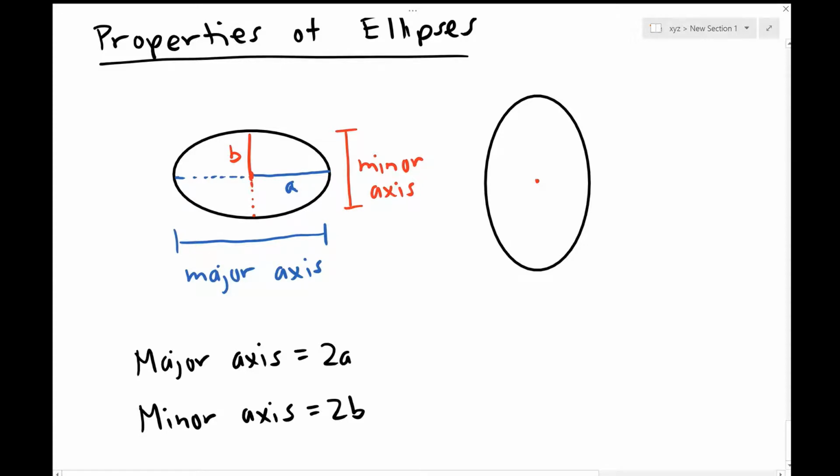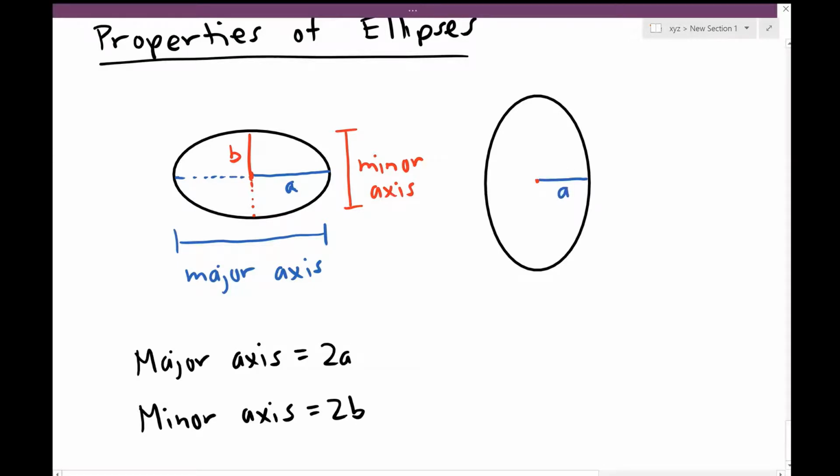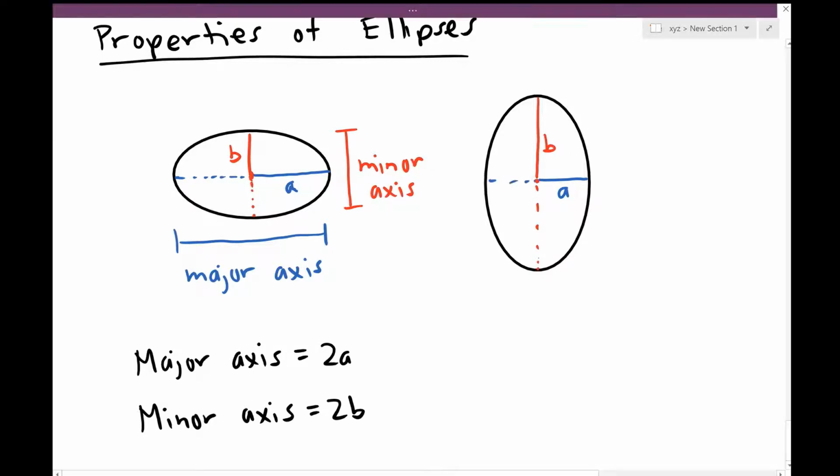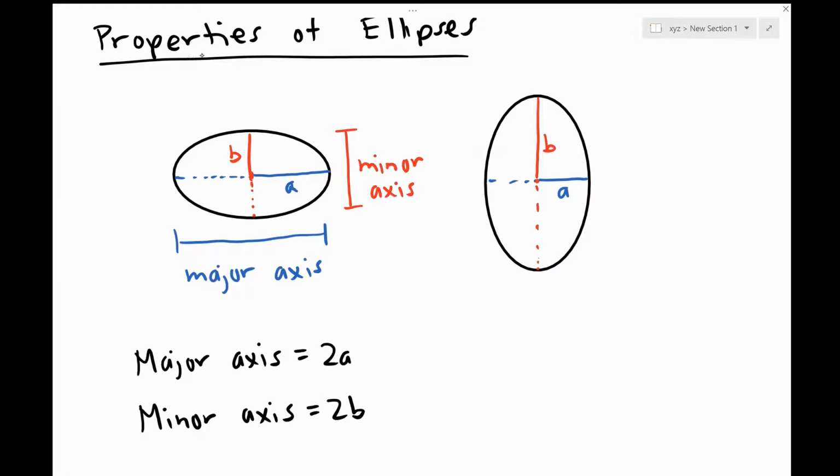For our other ellipse, though, which is elongated in the vertical direction, well, this time our a distance is going to be shorter than the b distance. And so in this case, if we were to extend b all the way across and also extend a all the way across, those would still give us the major and minor axes, but they're kind of flipped around here.